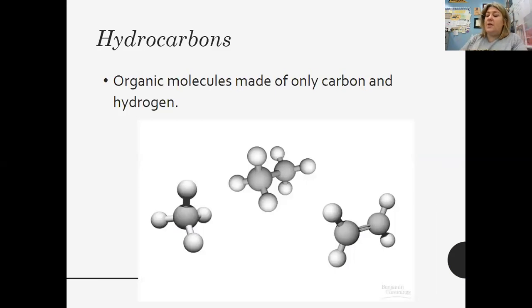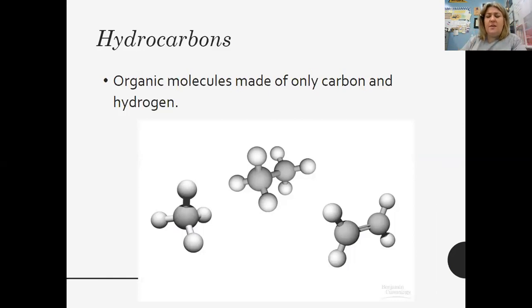So anytime we have a molecule that is completely carbon and completely hydrogen, it is given the name hydrocarbon, which is pretty standard. So we automatically assume, unless it's told differently, when we see a drawing, that we're dealing with a carbon and a hydrogen.